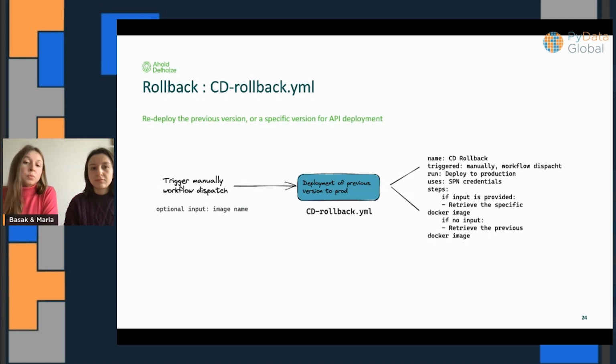And if no input is provided for a specific Docker image, we can always retrieve the previous Docker image, because we know what version it is in MLflow that we currently use. Let's say version 3. We know that the previous one will be version 2. And for version 2, we know what git tag and what run ID it has. Because that information is available as tags in our Docker image, we know what Docker image to use. So in this case, rolling back becomes very easy.